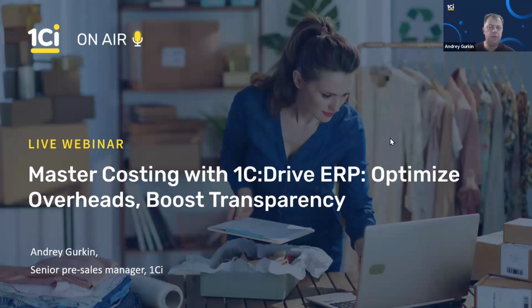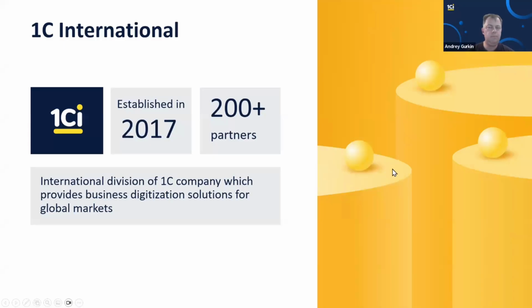So first of all, let's start with a couple of words regarding our company. It was established in 2017. Right now, we have more than 200 partners, and 1C-I is the international division of 1C company, which provides business digitalization solutions for the global markets.